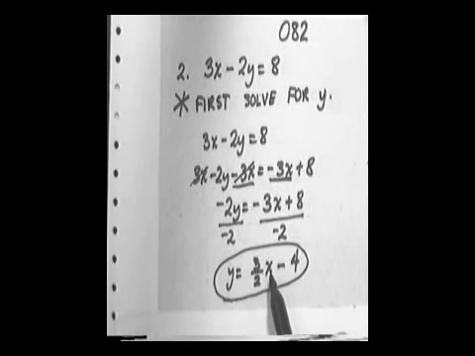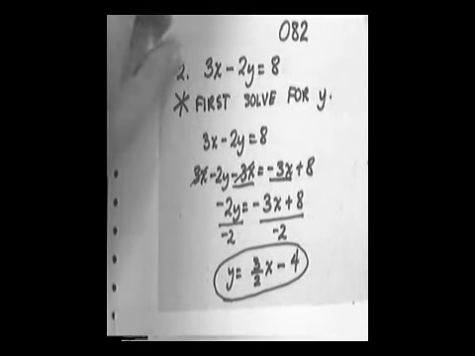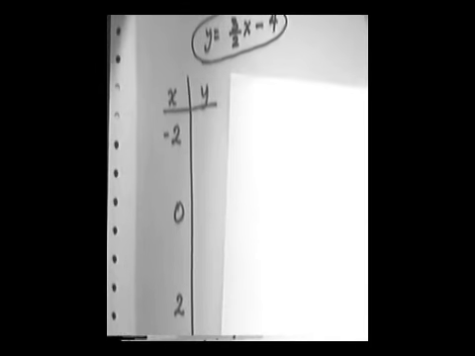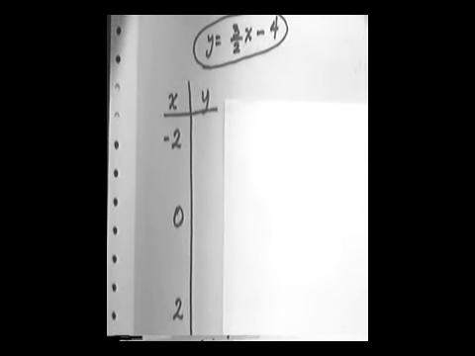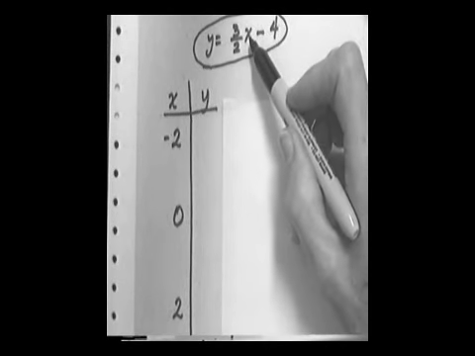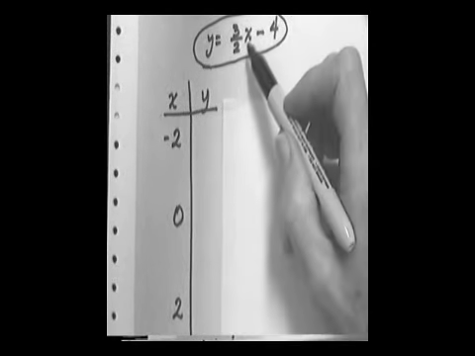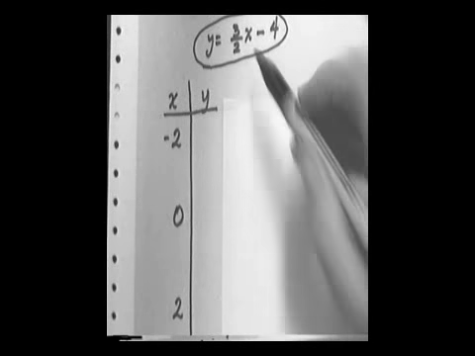I will choose negative 2, 0, and positive 2, just the way we did in the last example. So my table of values begins with the x column, negative 2, 0, and positive 2. We find the y values by simply substituting the x number in place of x. First the negative 2, then the 0, and then the 2.